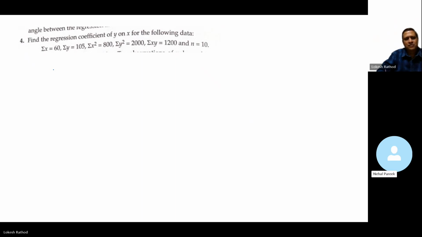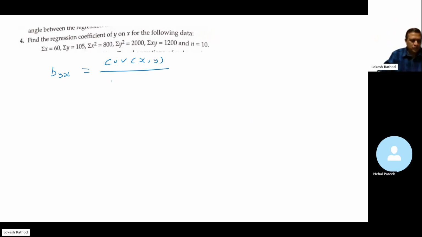So b by x, right? What was the formula of b by x? Covariance of X and Y by variance of X. Okay, fine.